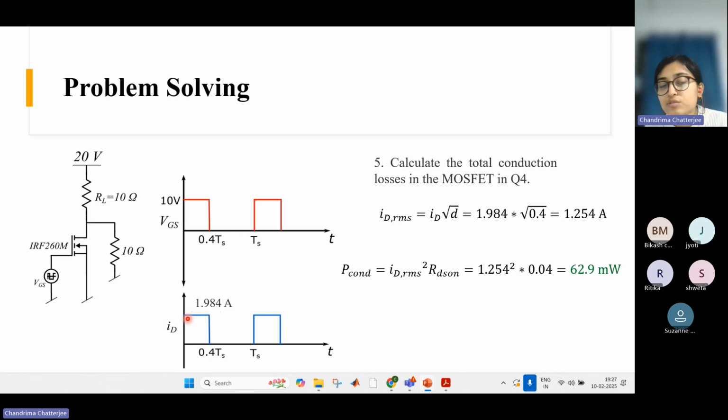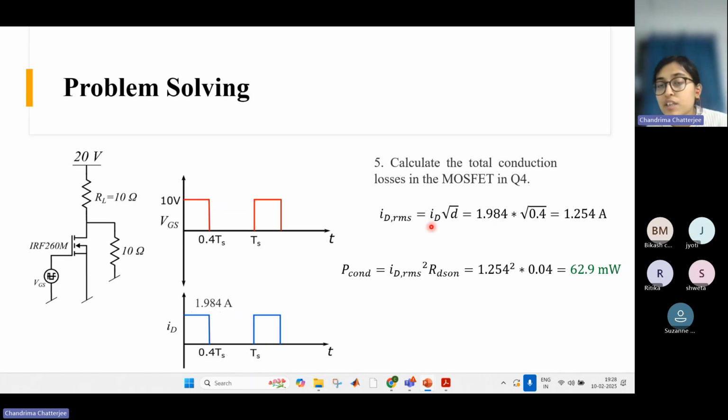Now you need to calculate the RMS current of this device. For some duration there is this current and after that there is zero current. So what will be the RMS current expression? It will be simply ID times root D. You can calculate it conventionally, like the square root of the integration of i(t) squared dt over the time period, how we usually do the RMS expression of any waveform.